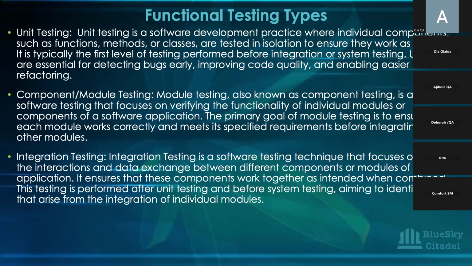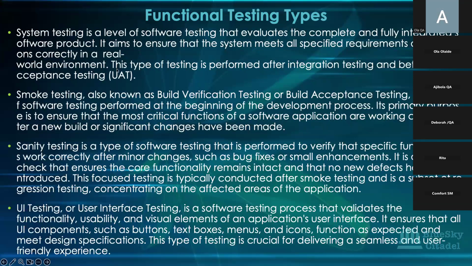So if you are trying to put them together, another one is system testing. This is a level of software testing that evaluates the complete, fully integrated software product. Its aim is to ensure that the system meets all specified requirements and functions correctly in a real-world environment.